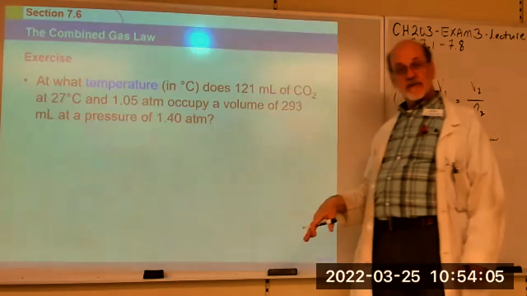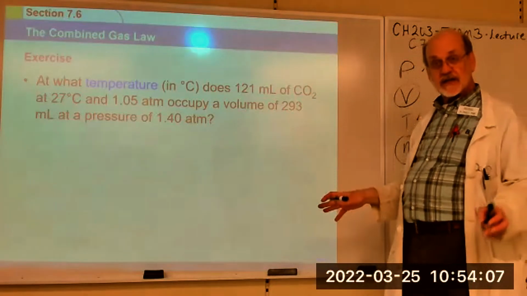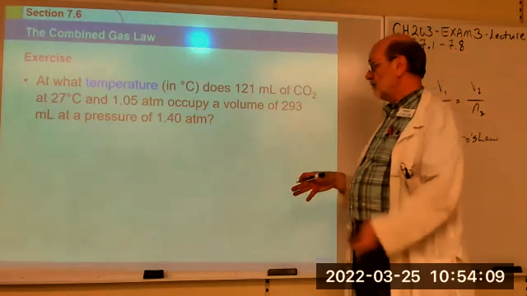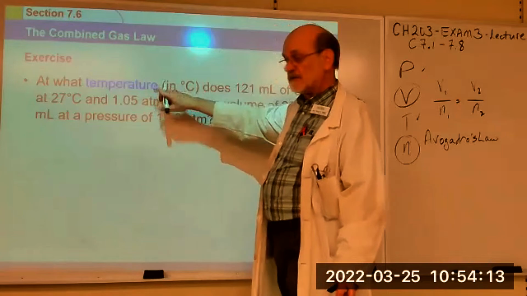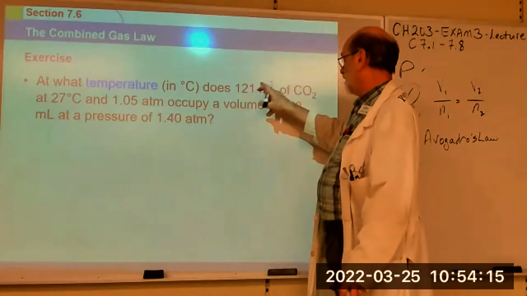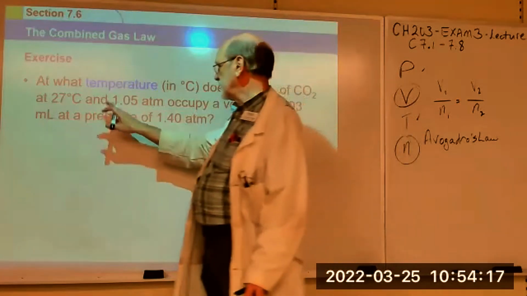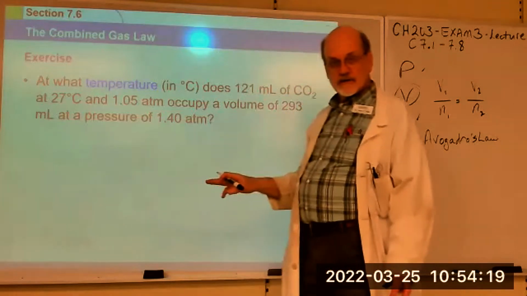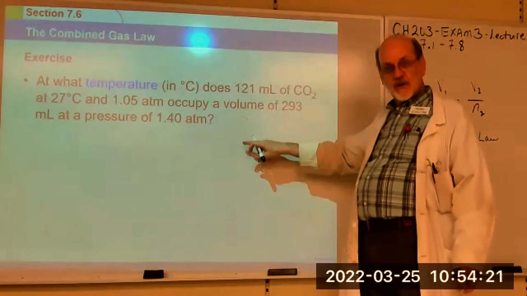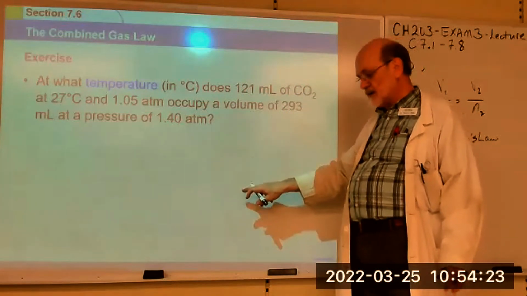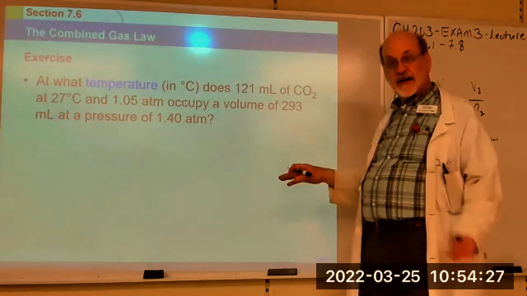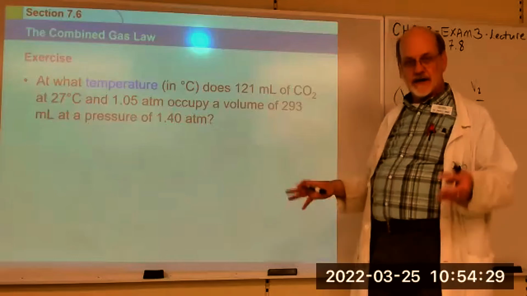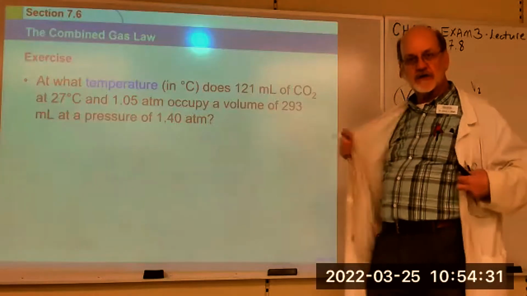So in this case, we're talking about three different conditions that are varying: temperature, which is unknown, volume, and pressure. So you set up your P1, V1, T1, P2, V2, T2, and fill in your values, find out which one is missing, and plug it into the equation.